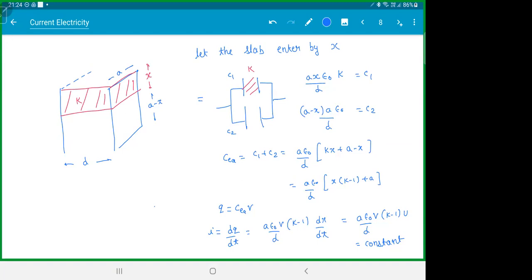Next one. Now, what is the catch here? Listen, the catch is when the slab is entering, this is T equal to 0. Agreed? So when you're entering here, what happens? Capacitance increases.